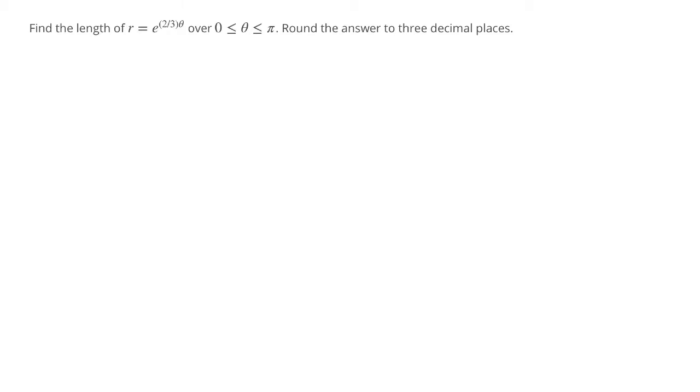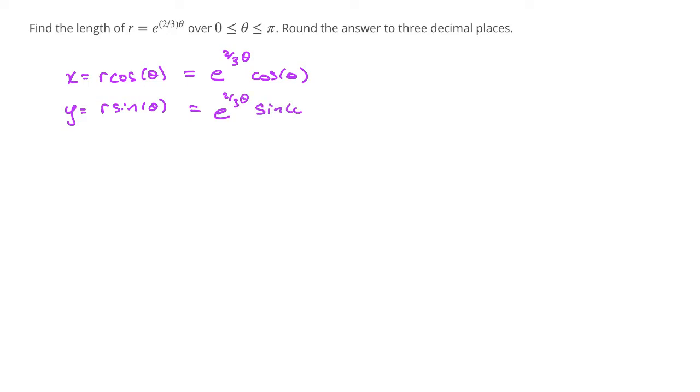Well, one thing that we can remember is that our coordinate transformation to polar coordinates is given by x being r cosine of theta, y being r sine of theta. So in this case, when we have r as a function of theta, this gives us e to the 2/3 theta times cosine and e to the 2/3 theta times sine.